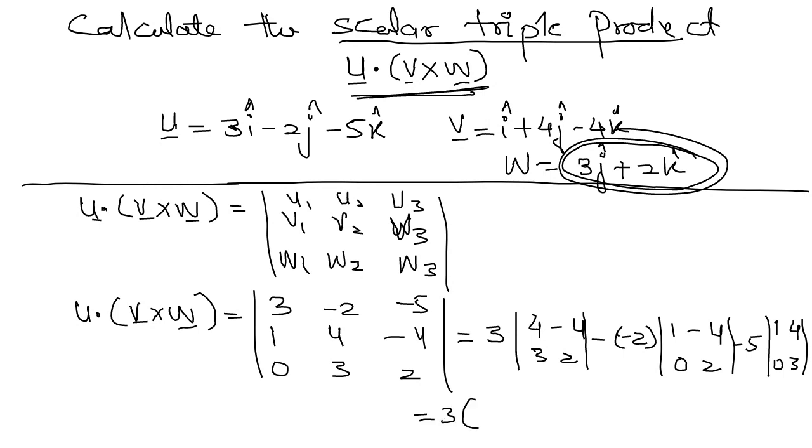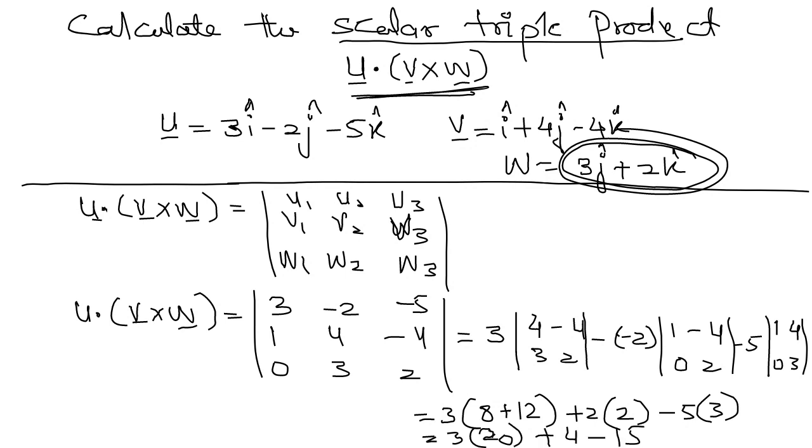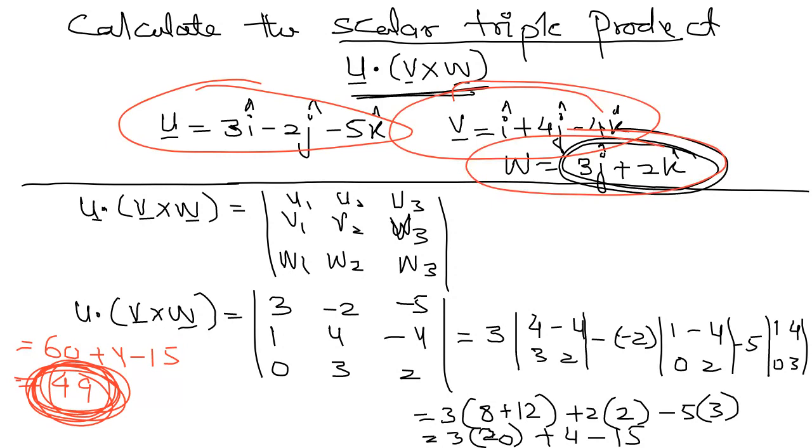So simplify it, you will get 3 into 8 plus 12, plus 2 into 2 minus 5 into 3, that is equal to 3 into 20 plus 4 minus 15. So I will write here, which is equal to 60 plus 4 minus 15, which is equal to 49. So this is the scalar triple product of these three vectors.